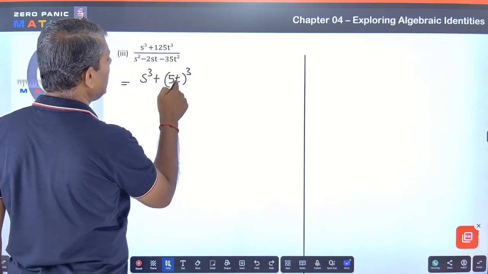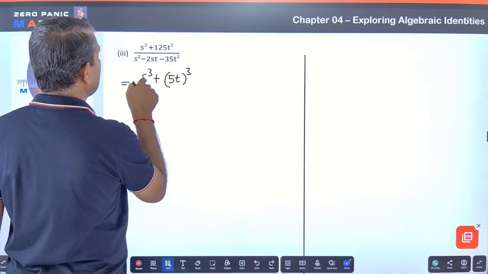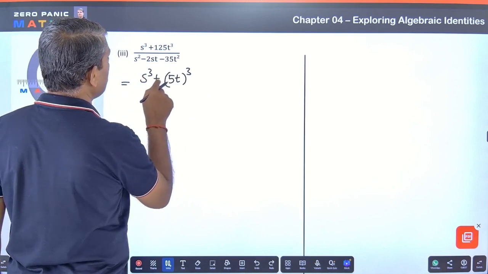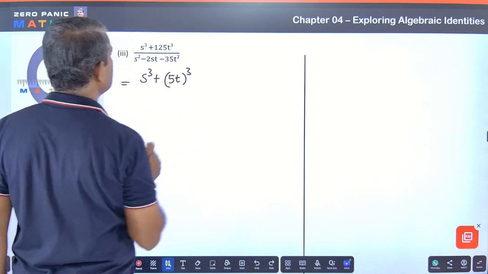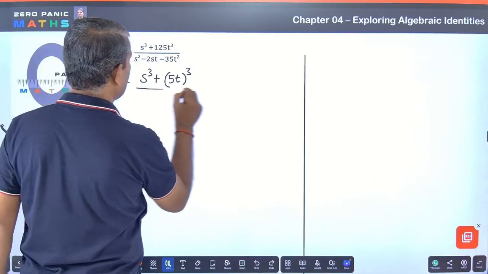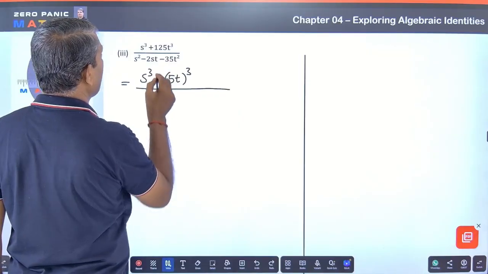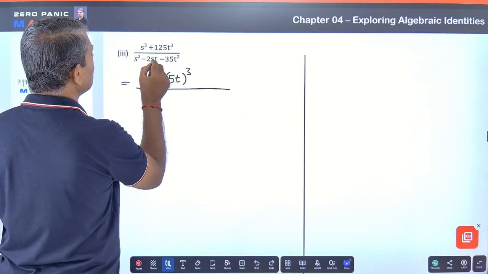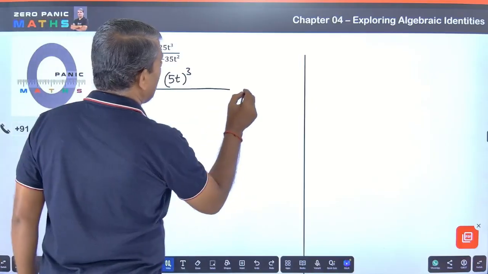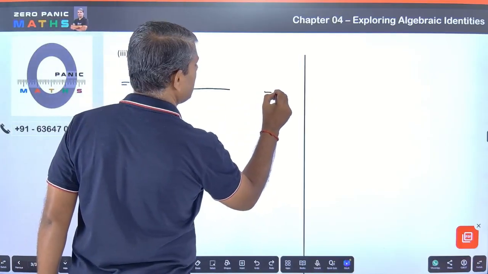Just listen to me carefully. 5t is now b for us, and a is s. The denominator is now 35 and it is minus 2st, so I will write this as minus 35.